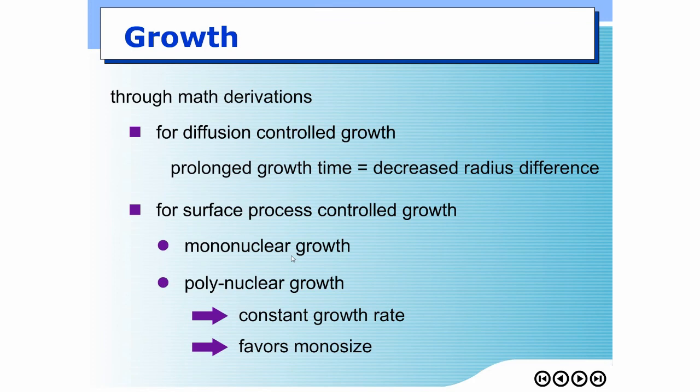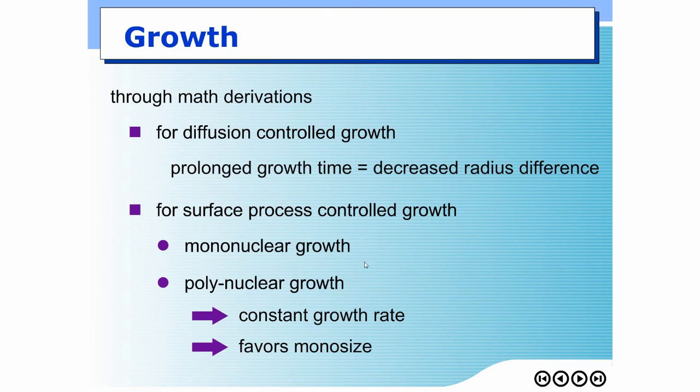Since we cannot control it to be polynuclear, it would be better to control it to be diffusion control, right? Think about this. We have growth steps to be either diffusion control or surface control. If it is surface control, it depends whether it is mononuclear or polynuclear.